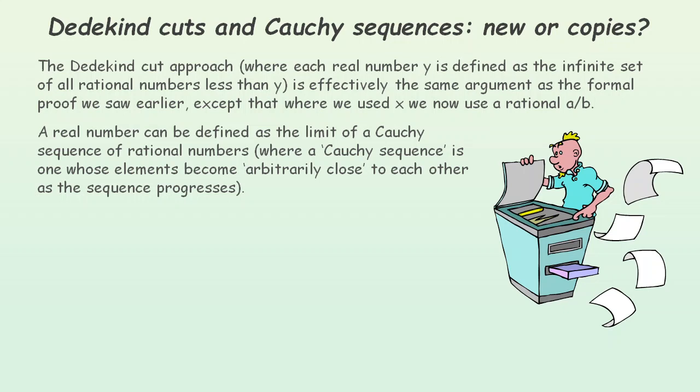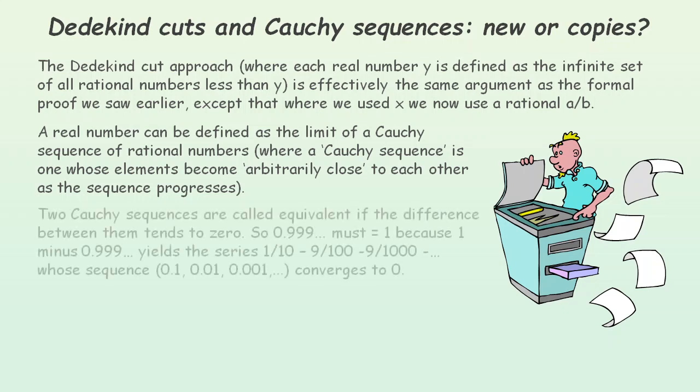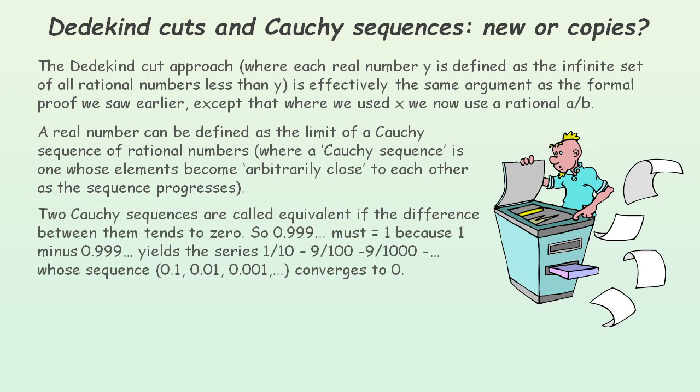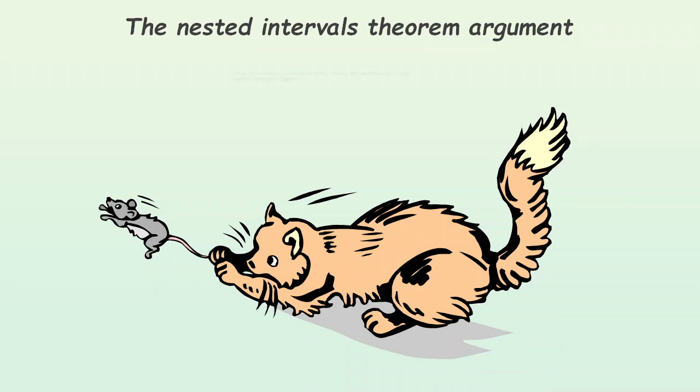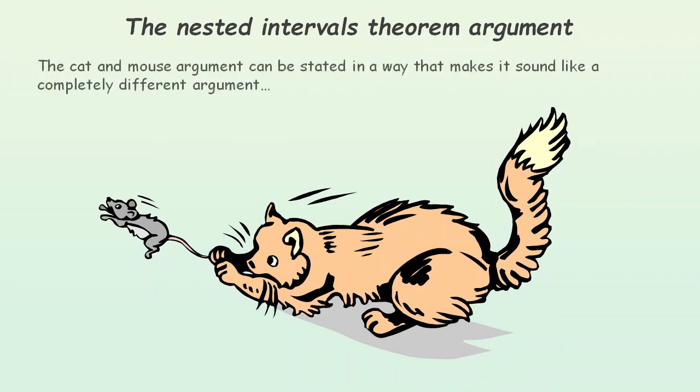In this approach, series of endless non-zero terms are simply defined to be equal to a constant. And so there are no significant new arguments here at all. They are just repackaging copies of arguments that we've already covered. Similarly, the nested intervals theorem argument is just a restating of the cat and mouse argument that we discussed earlier.